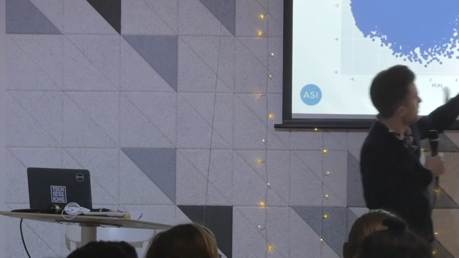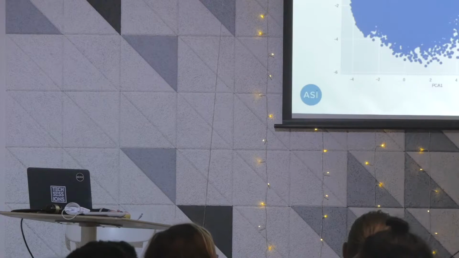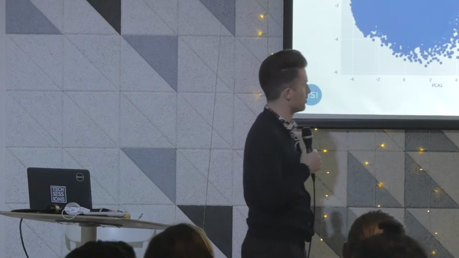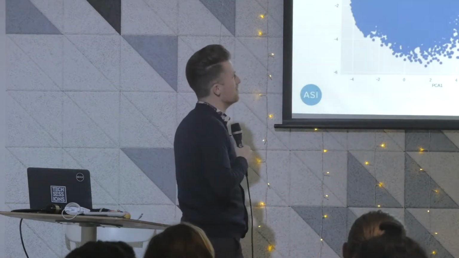You can see that there's some separation, right? That red is separate from that greeny yellow, but it's a giant blob. So it doesn't really separate your data that well.